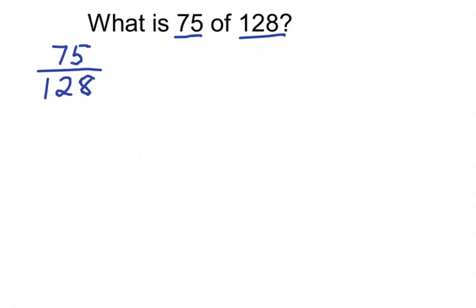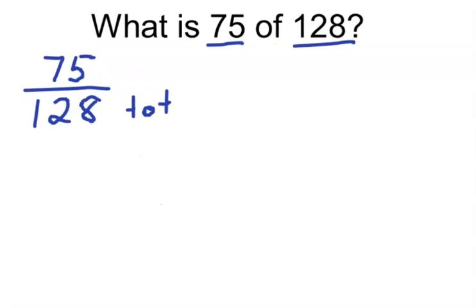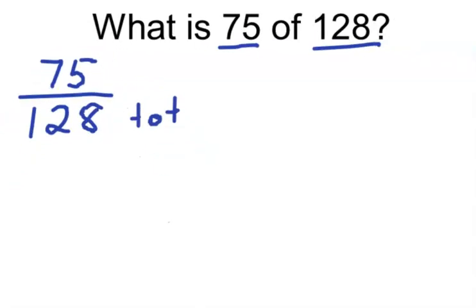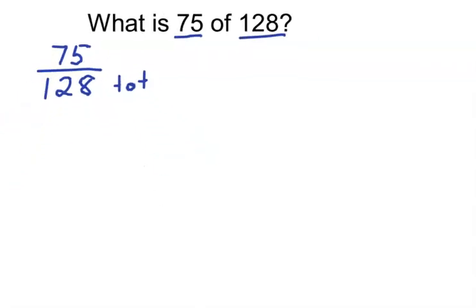So what is that? So we need to find the percent, and since this is the total, and this is the part, we need to basically divide the total into the part to find the percent.